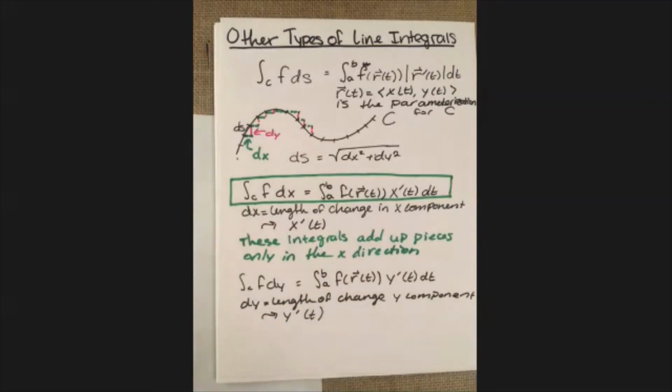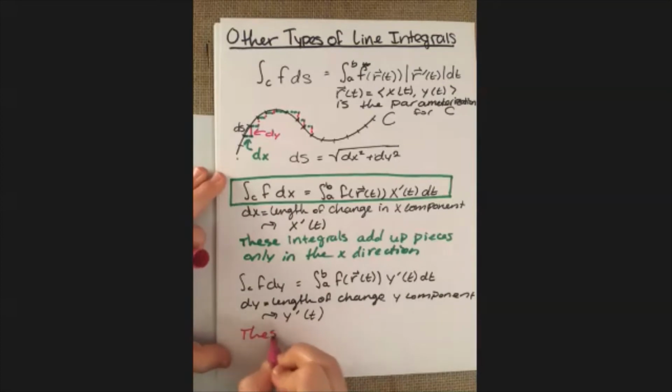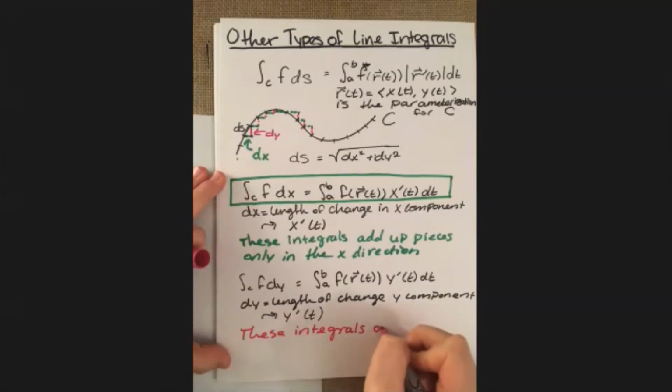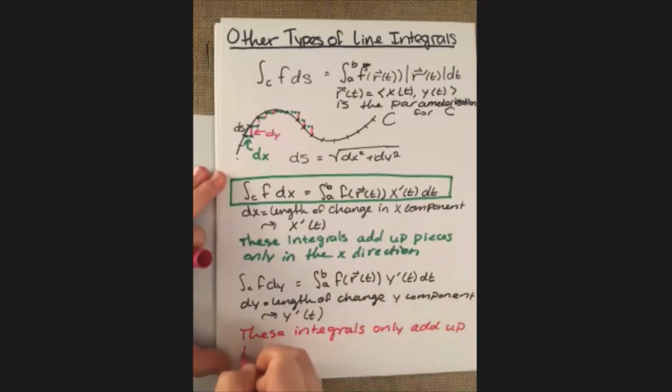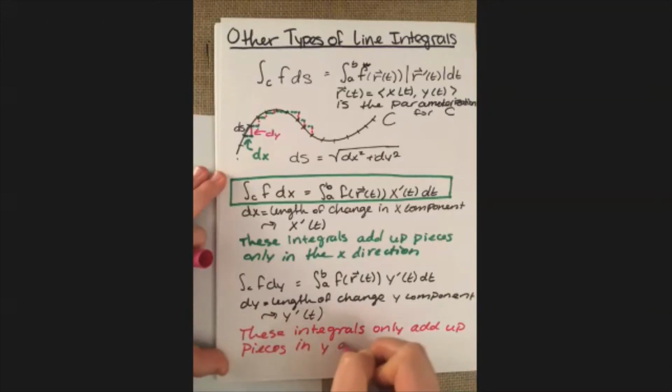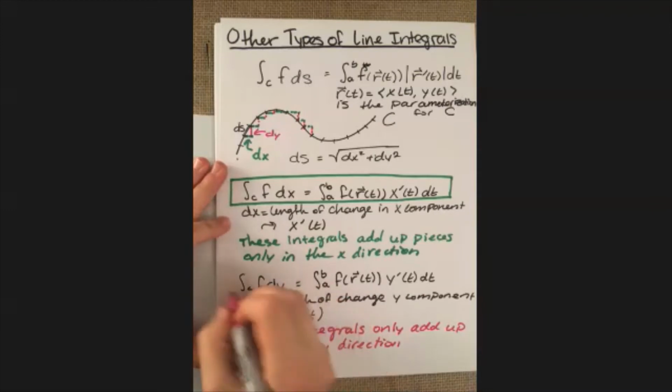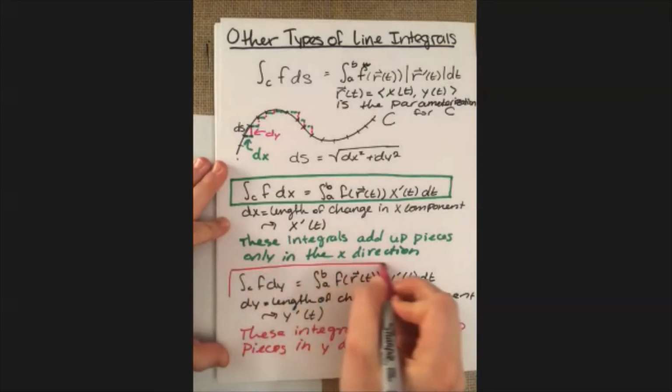So these integrals only add up pieces in the y direction. So again, the main focus of all of this is that if you see this dy right here, this is the formula you're going to want to use.